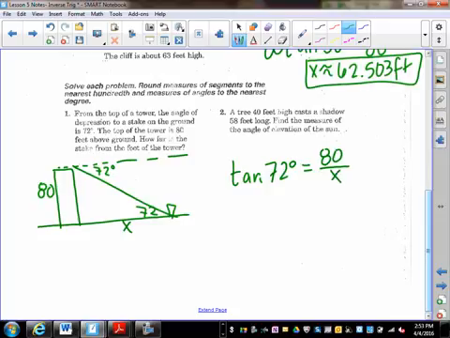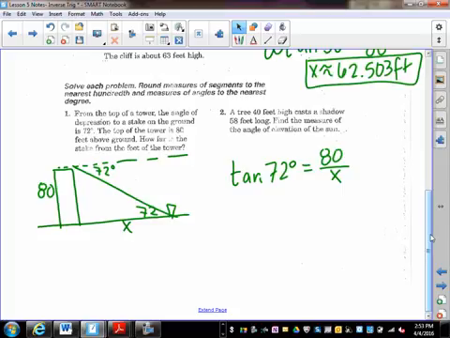They're saying you're at the top of the building looking down to the stake on the ground. This is the line of eyesight. Okay, then you would solve for x for that. So angle of elevation, angle of depression, is simply talking about the frame of reference at which you're looking.